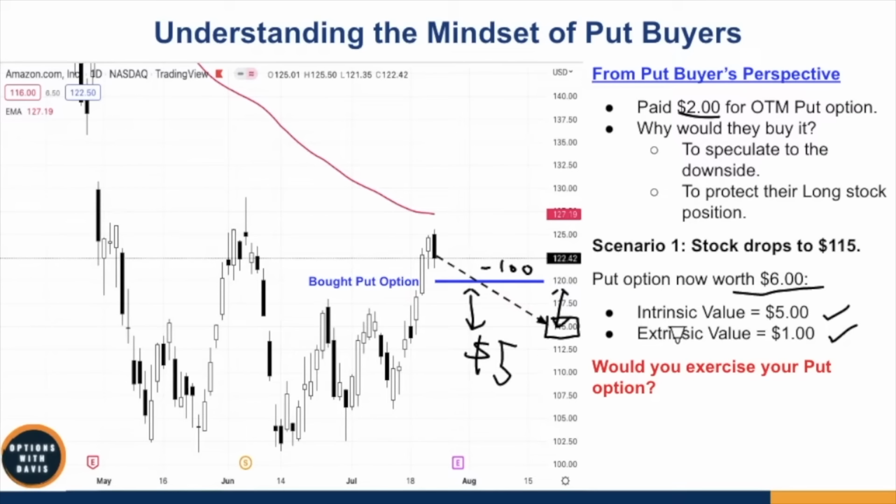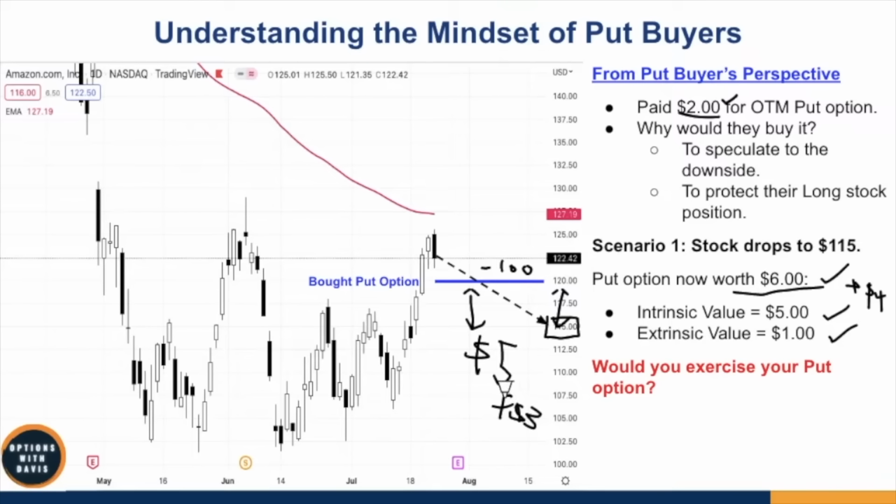But if you take a look at the put option, if you sold the put option, you would be able to collect $6. You bought for $2 and sell for $6, so your profit would be $4. But if you went ahead to exercise your put option, that means you paid $2 for it, and then you sell it off and receive $5, your profit would only be $3.